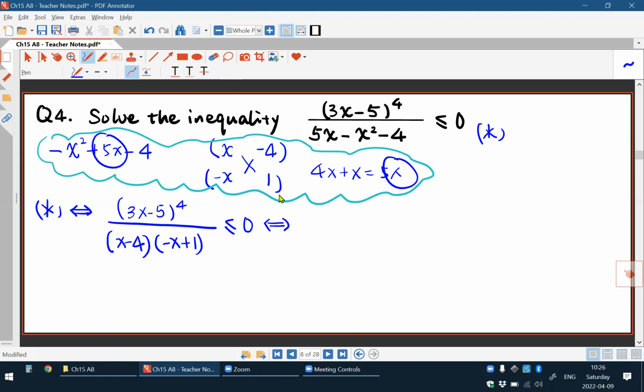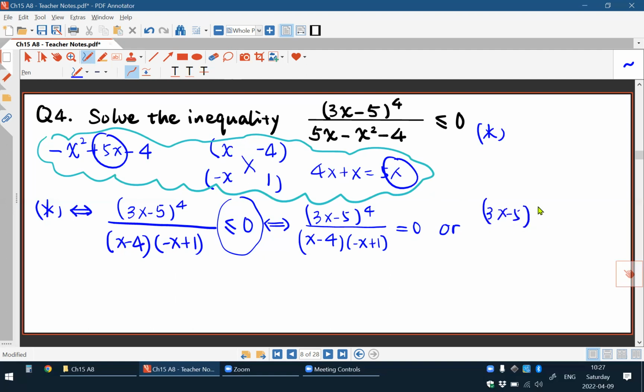And this is equivalent to, again, you have something less than or equal to 0. Usually we treat it as two sub-questions. The first question is, the ratio is 0. Or the second question is, the ratio here can also be less than 0.